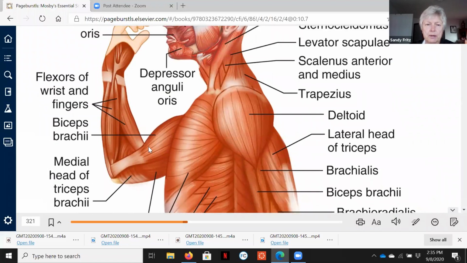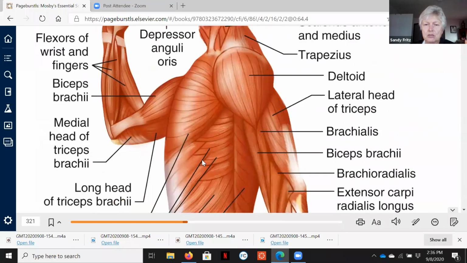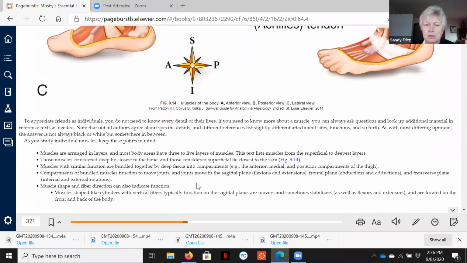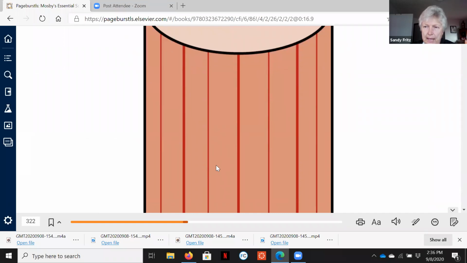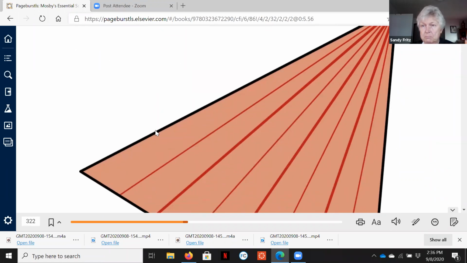Same with this one right here, which is a bicep. Its fibers are up and down, so it is probably going to be a flexor, and on the back, the triceps here, an extensor. So just by looking at the shape, you can determine its action, especially what it does when it is concentrically acting, which is its pulling.